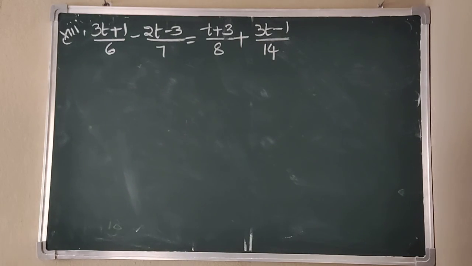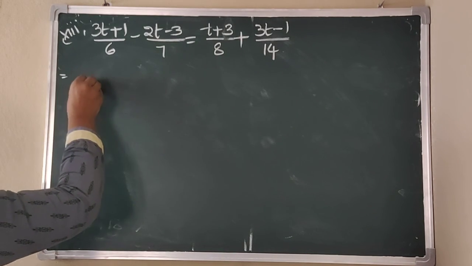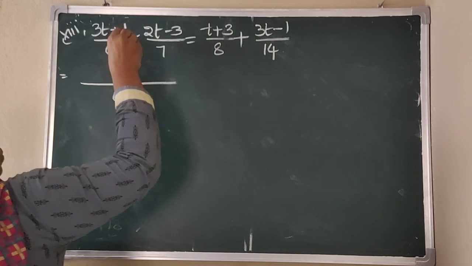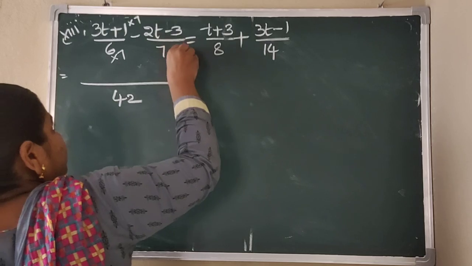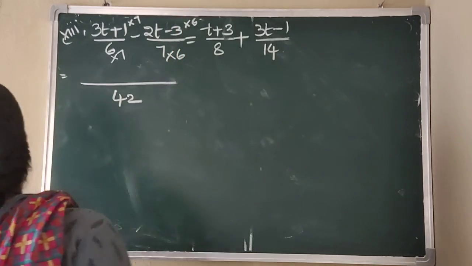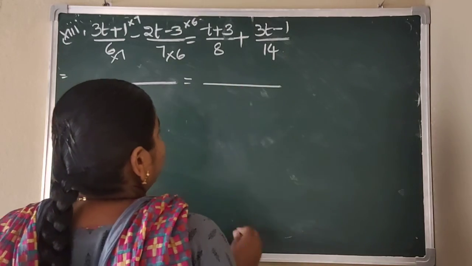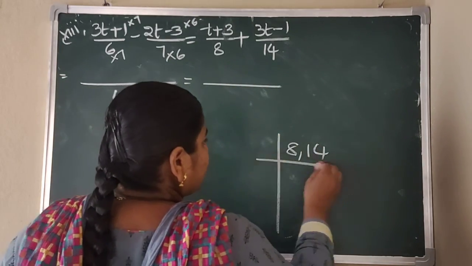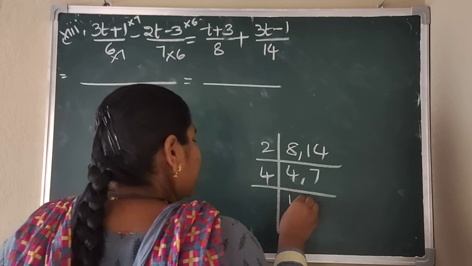Okay, so now we have to take the LCM first. What is the LCM of 6 and 7? The LCM of 6 and 7 will be 42. So here into 7, into 7, into 6, into 6. Now here we have to take the LCM. So the LCM of 8 and 14 will be again 42. 2 fours are 8, 2 sevens are 14.